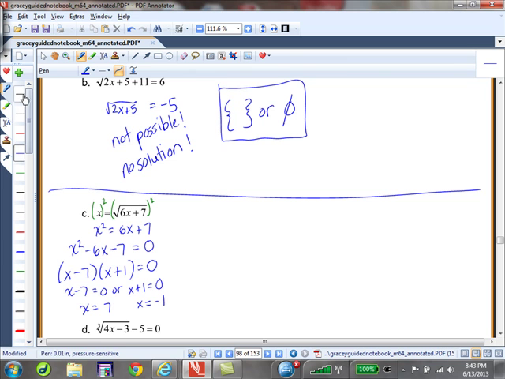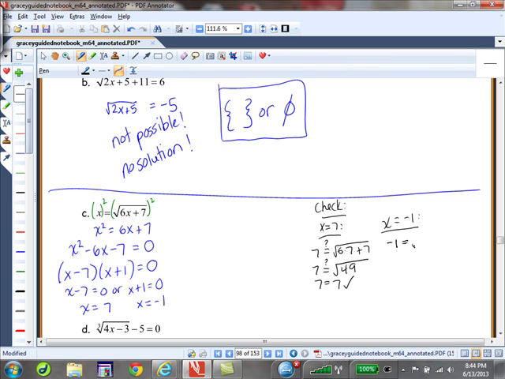So, checking our results. Our first answer was x is 7. In our original equation, is 7 equal to the square root of 6 times 7 plus 7? 6 times 7 is 42, so we would get 49. 7 equals 7, so that checks out. And then we also have x is equal to -1. We're checking this one.